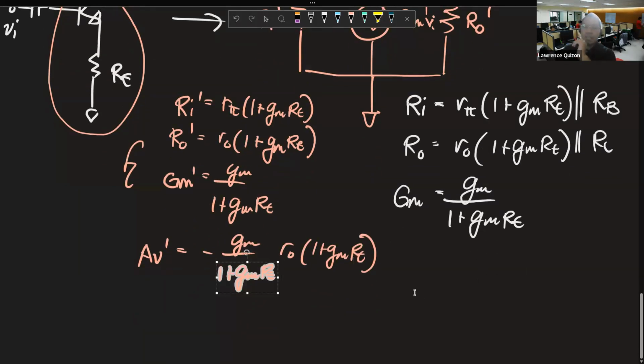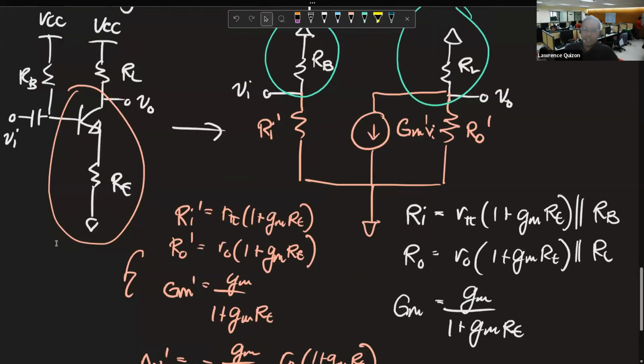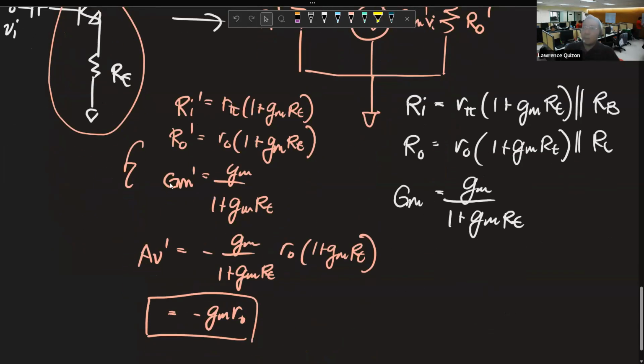Di ba? So magka-cancel yung degeneracy, di ba? And we get still negative GM R out, no? So you might think, okay, this is great. I added an emitter degenerate resistor. Hindi nagbago yung gain ko, right?